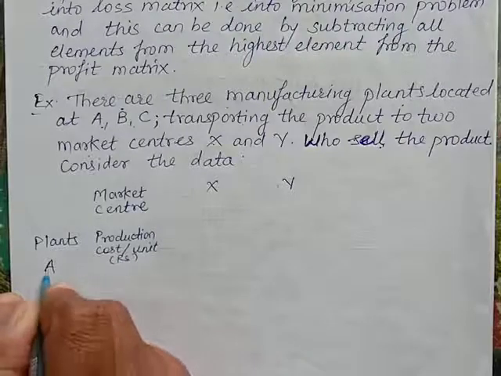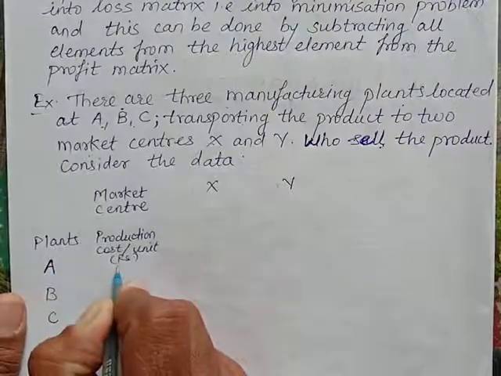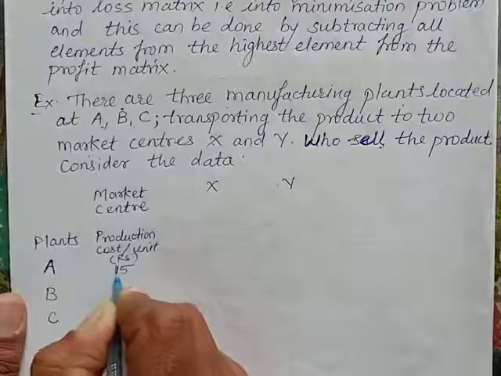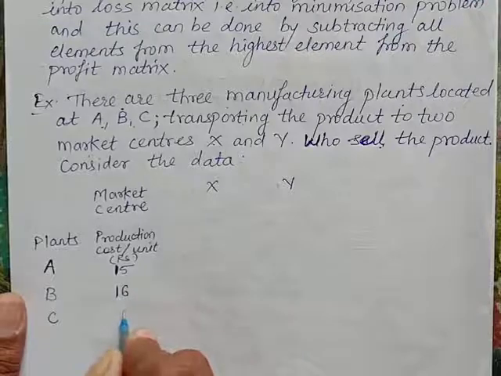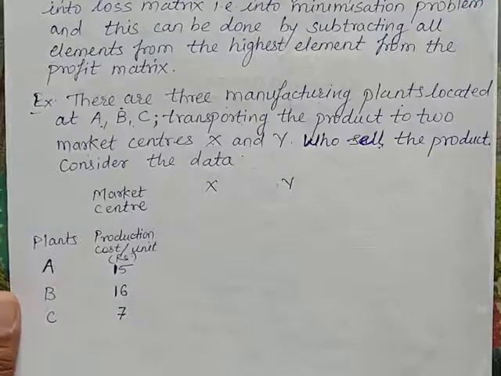For plant A, the production cost is rupees 15. For B, it is rupees 16, and for C, it is rupees 7.